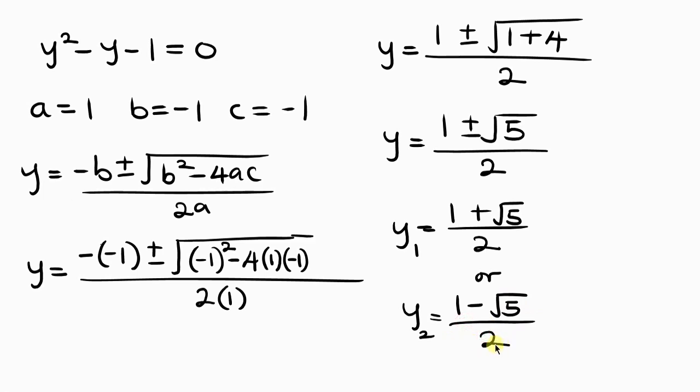Now notice that this other value of y is negative. So we're going to be rejecting the negative value of y. I'm going to tell you why on the next slide. But this is the value of y that we're going to be accepting. This one we have here.